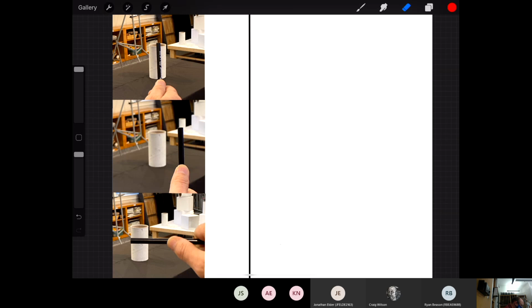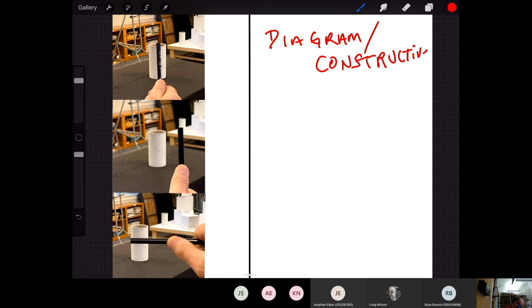we've been doing diagrammatic drawing or constructive line. I use those terms as if they're the same, and they are, basically.